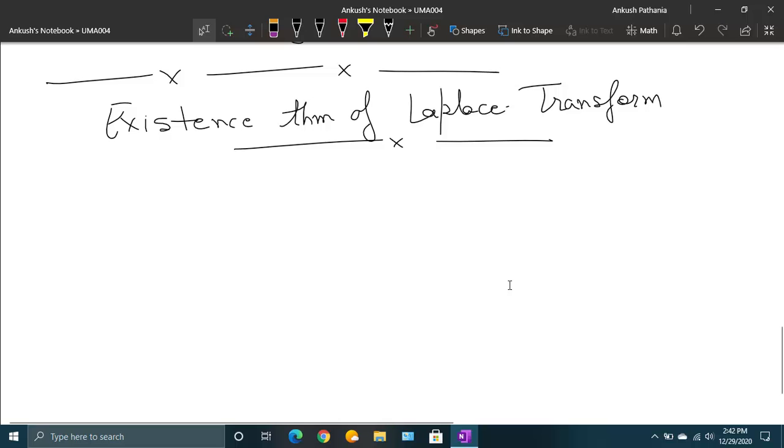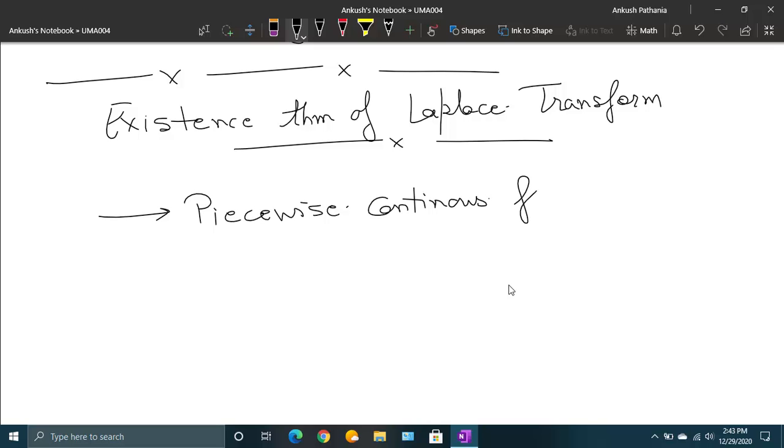When we will be doing certain formulas and other things, we will be using certain terms frequently. The first is the piecewise continuous function.